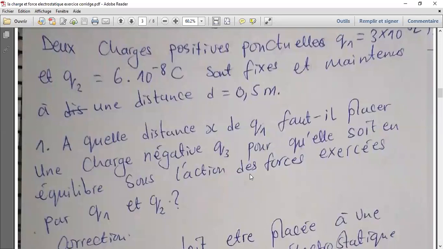They're saying at which distance x from Q1 can you place a negative charge Q3 such that the forces from Q1 and Q2 acting on Q3 create an equilibrium.